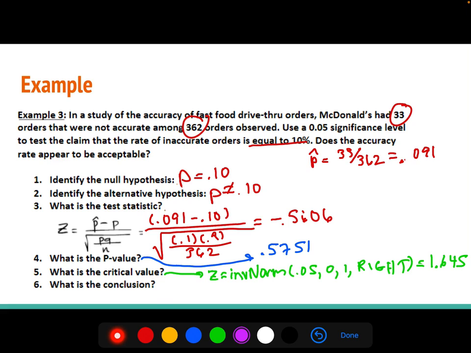And then, so our conclusion, we got 0.5751, and that is greater than 0.05. So we are going to fail to reject the null since it's greater.